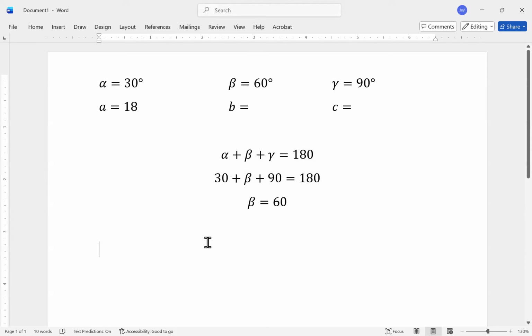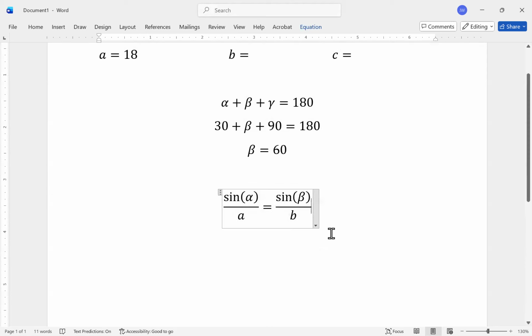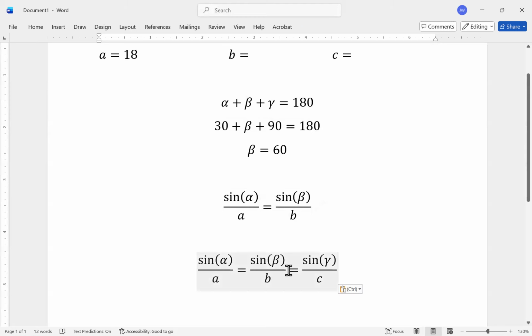Now we can utilize the law of sines. Since I have the ratio sine alpha over a because I know the alpha and I know the a, I'll use that to find the b and I'll use that to find the c. So I'll use this ratio here to find b, and then I will end up using this ratio to find c.